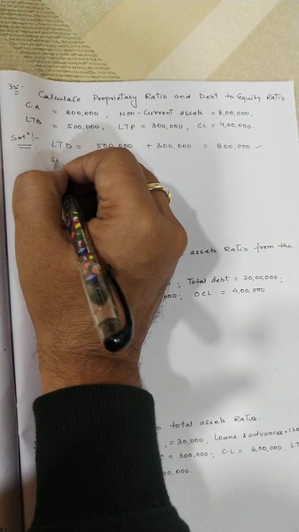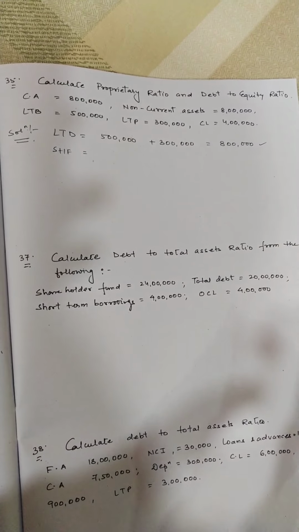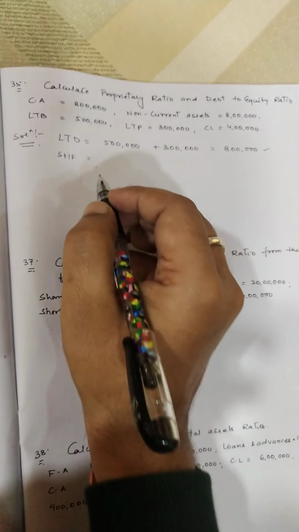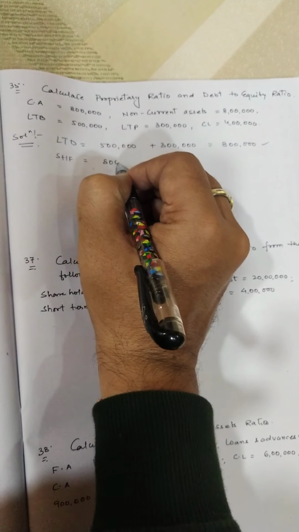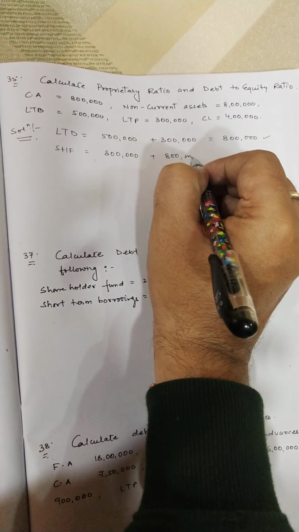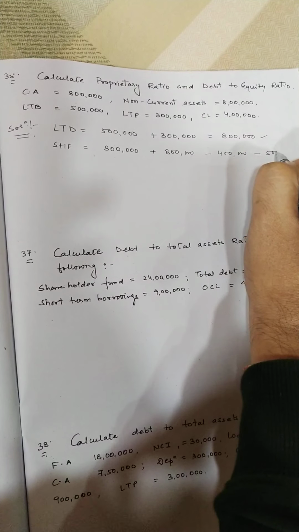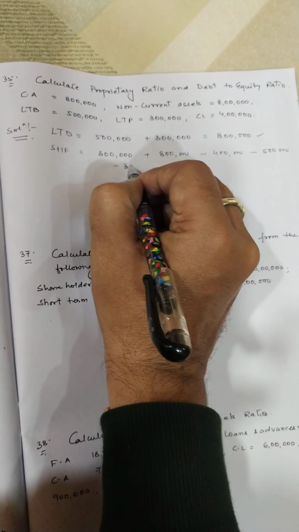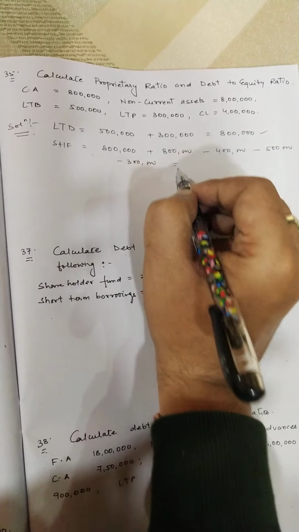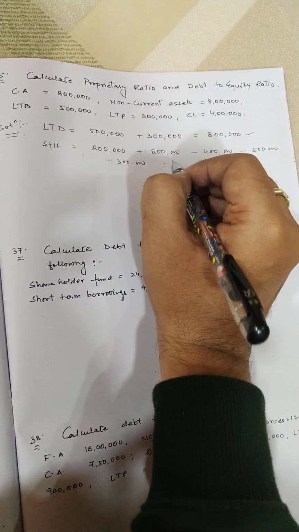Now for SHF, shareholder fund, non-current assets means fixed assets and investments. Now the current asset is 8 lakh. Deduct the current liabilities, long-term debts and long-term provisions, so you get 4 lakh.